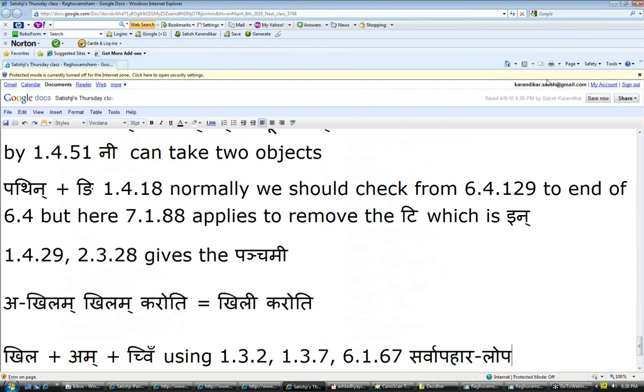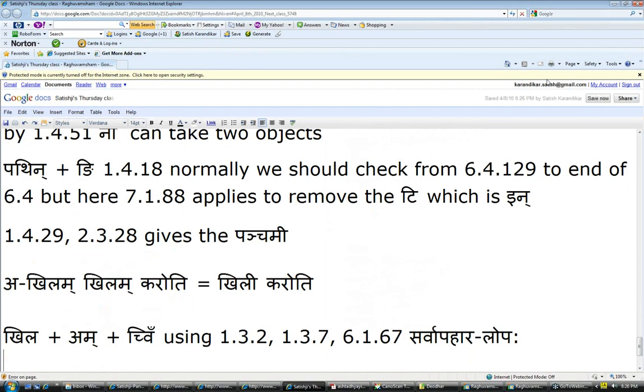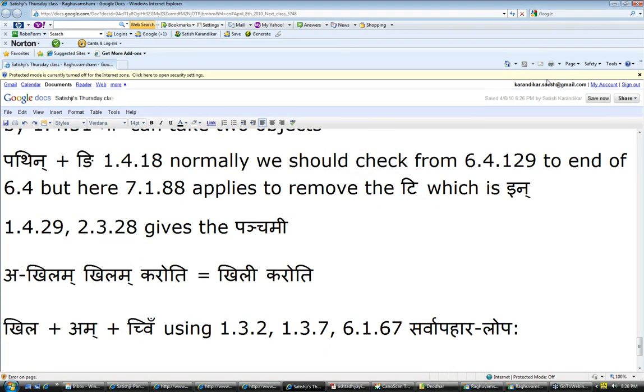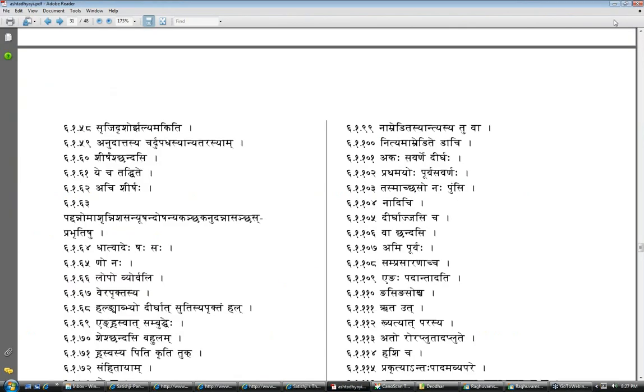And in the meanwhile, this entire thing, the khila plus chvi, has a pratipadika sanya because of krut tadhita samasascha. So the krudantas, the tadhitantas, and the samasas, they all get a Pratipadika Sanya. That's in 1.2, I think the sutram is Krit Tadhita Samasascha.